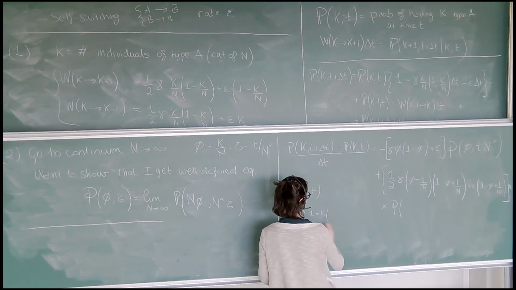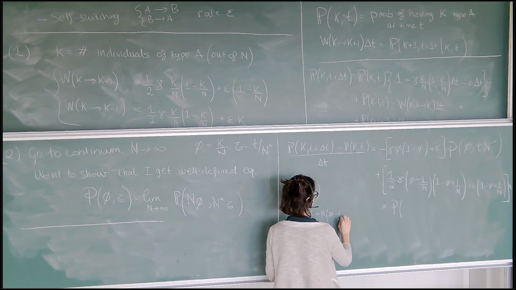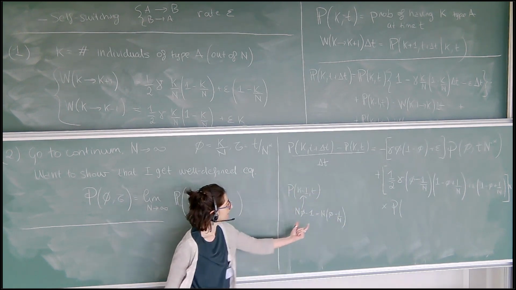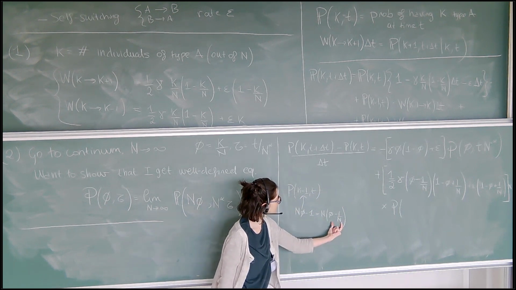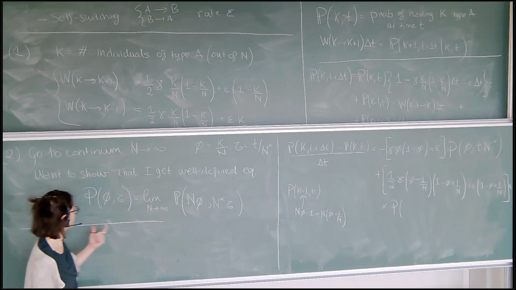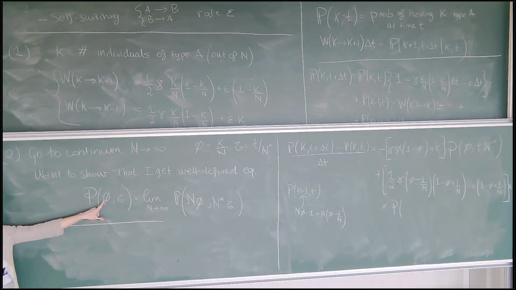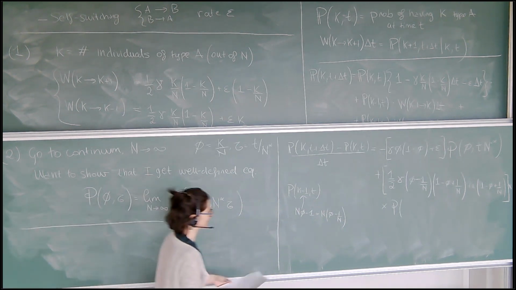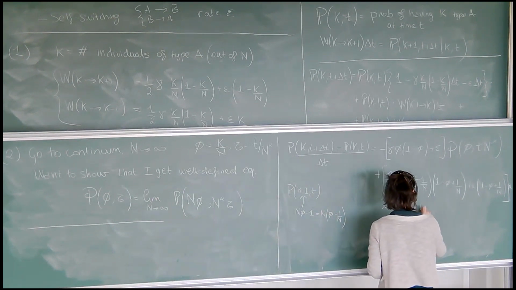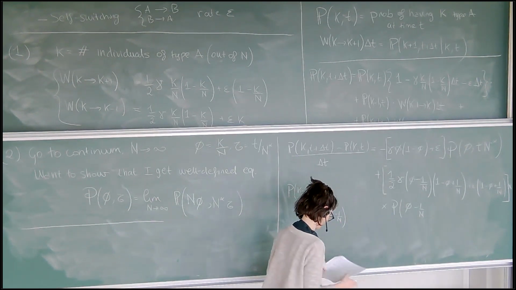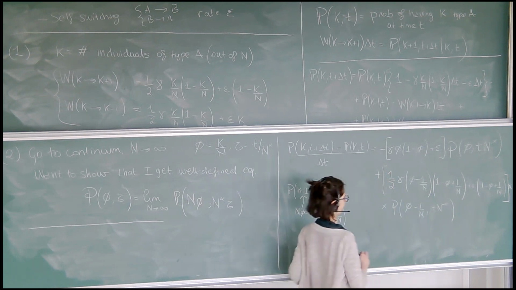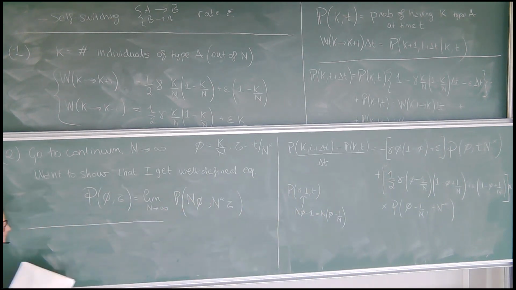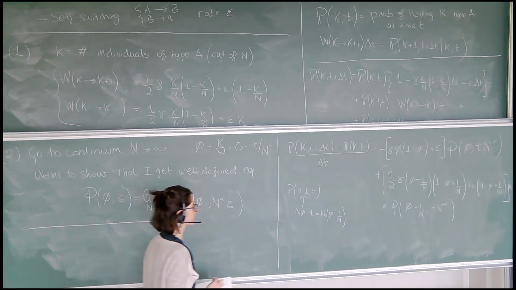So I can rewrite it as N times phi minus 1 over N. And then I know that my probability P as a function of N times something will map into my function curly P evaluated at the something. So let me write it down. So this will be phi minus 1 over N. And then I have to rescale time as above.